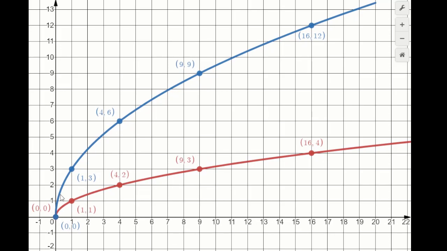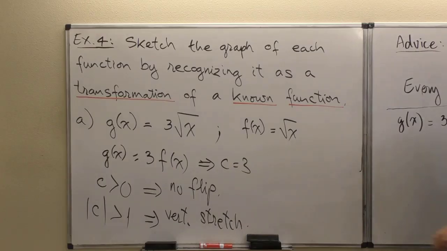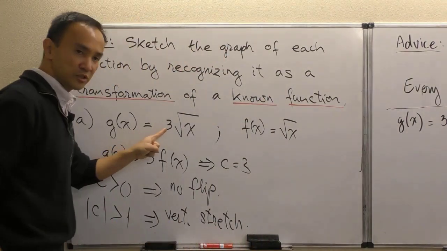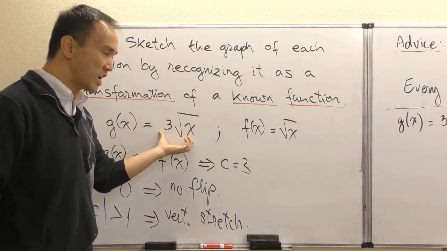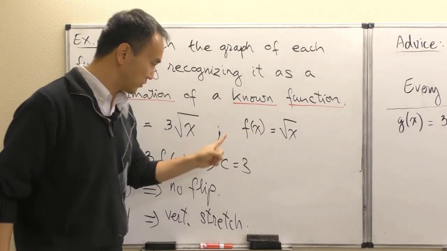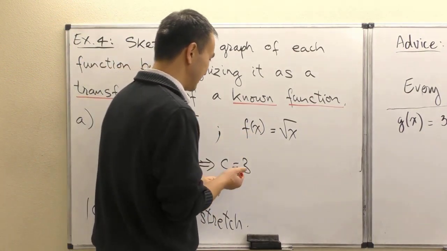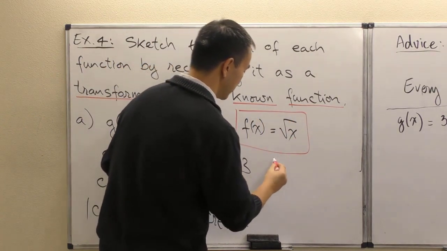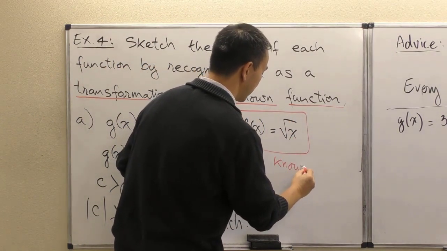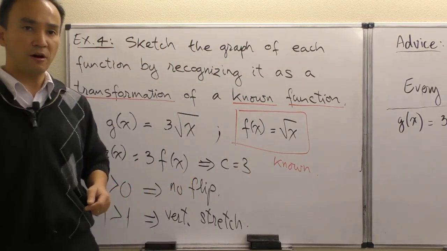This blue graph right here is the graph of g of x equals 3 times square root of x, where I recognize that this is a transformation from that known function. This was the known function, because we knew it from our learning about all of those toolkit functions.